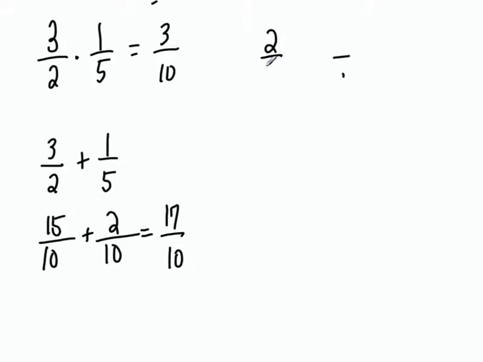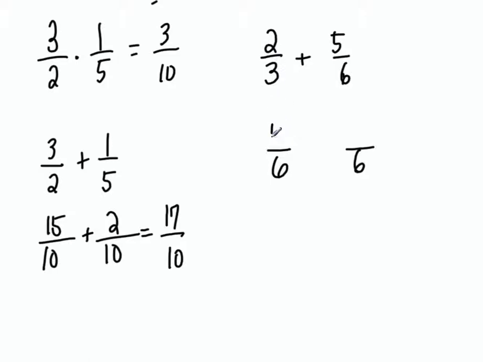What do I have? 2/3 plus, let's do 5/6. Thank you, Tanner. Now, what's your LCD between 3 and 6? 6. Can I do 18? Yeah, I could, but I wouldn't have the smallest. So how do I get from 3 to 6? I multiplied by 2.